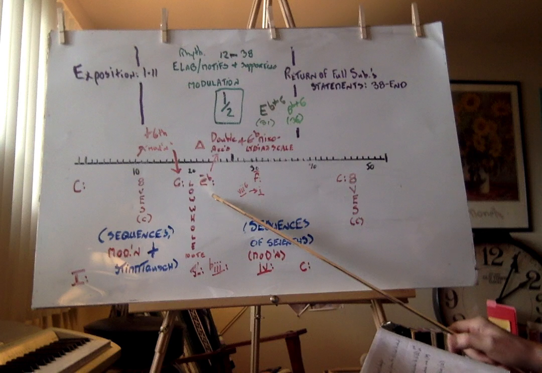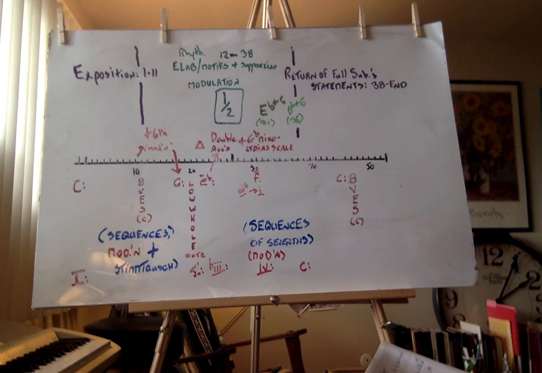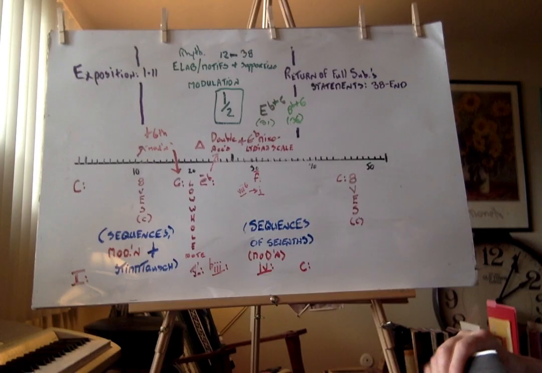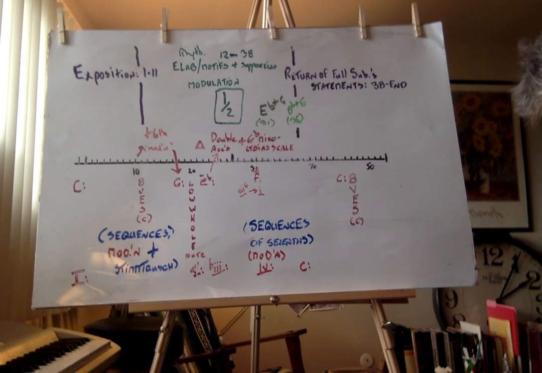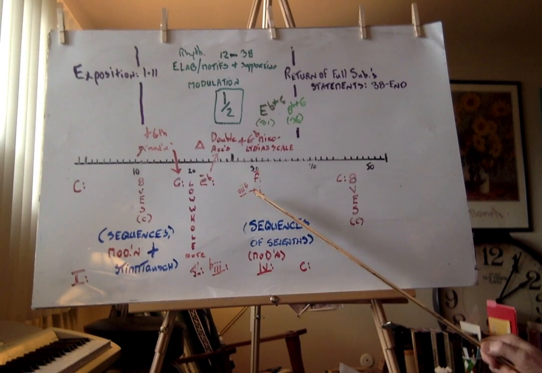And then from there on for the next little while, the notes of an E flat minor triad, particularly E flat, G flat, and B flat, are featured in various ways. And in measures 22 to 26, this is particularly interesting.